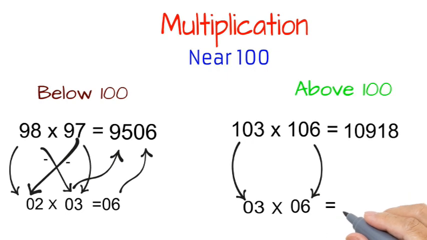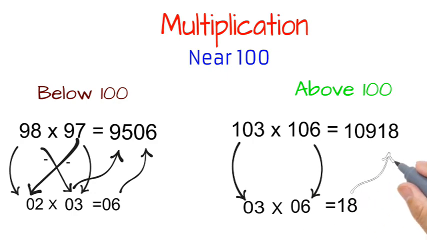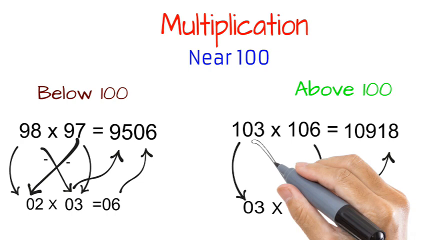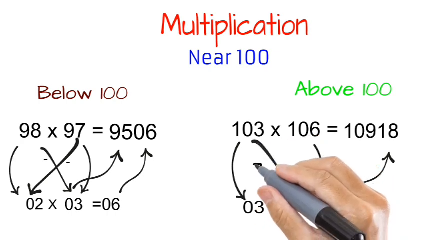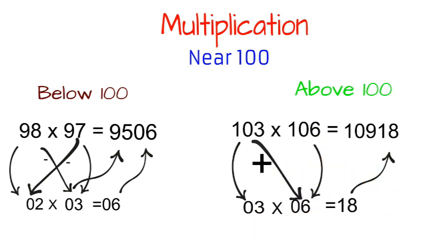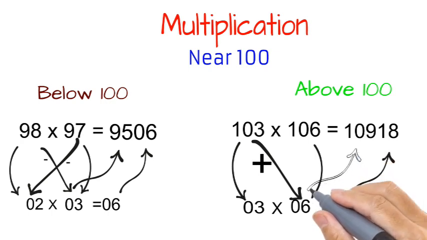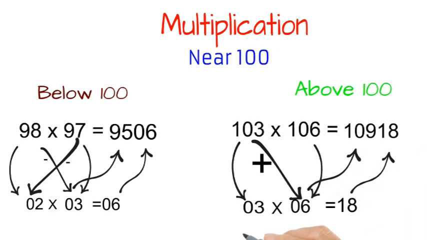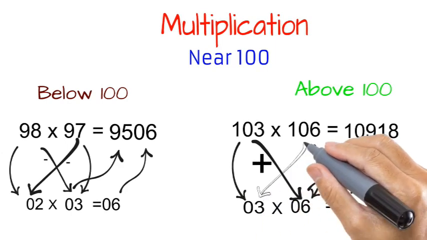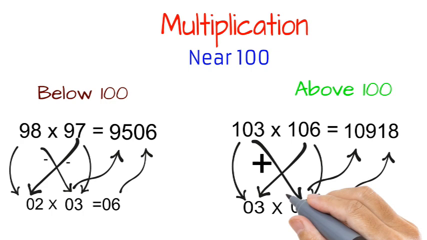So we multiply both the numbers to get 18, and then the 18 will come here, and then you add 103 plus 6 to get 109. In the previous example, below 100 we subtract the number, and here we add the numbers because these are above hundreds. And also, on the other hand, 106 plus 3 is also equal to 109.